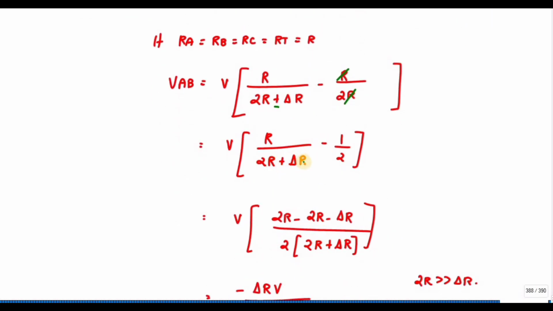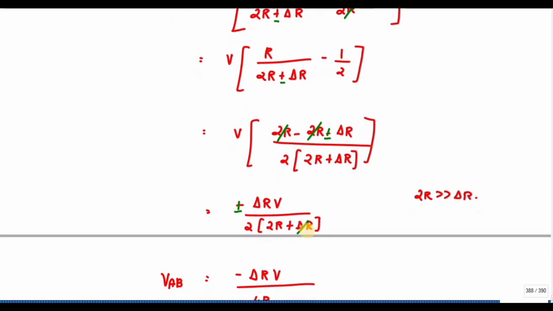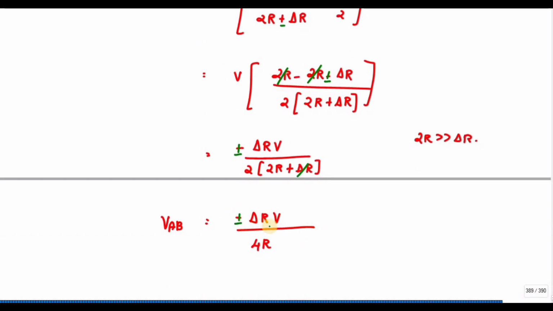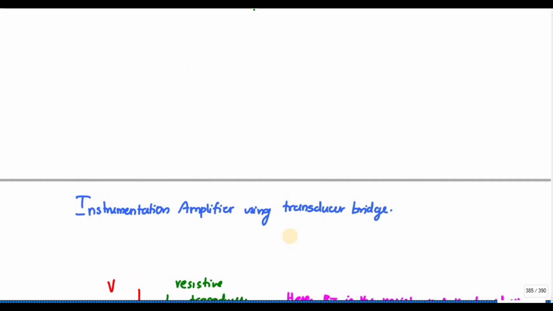On solving this, taking the LCM, I will get V into 2R minus 2R, which is nothing but plus or minus del R. So we'll get the output as plus or minus del R V divided by 2 into 2R plus del R. Here the 2R value is much greater than del R, so this will get cancelled out, and I will get VAB is equal to plus or minus del R V divided by 4R.